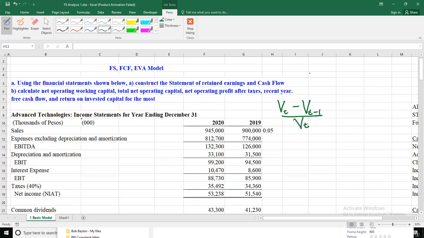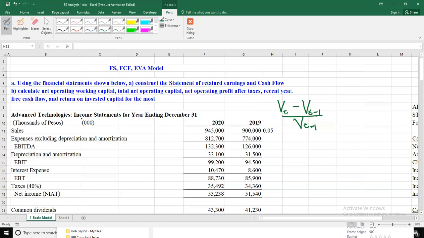And we can actually simplify this because in Excel this formula is a bit difficult.